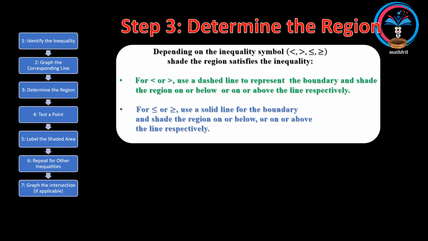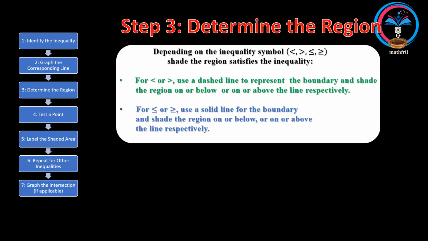Step number 3, you have to consider its relational symbol, and it should satisfy the given inequality. For example, for greater than or less than, you have to use the dashed line to represent the boundary and the shaded region above or below the line respectively.